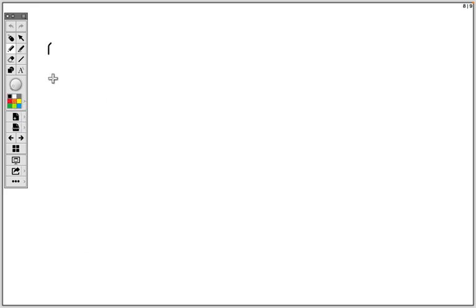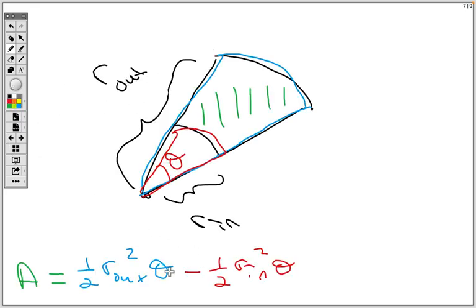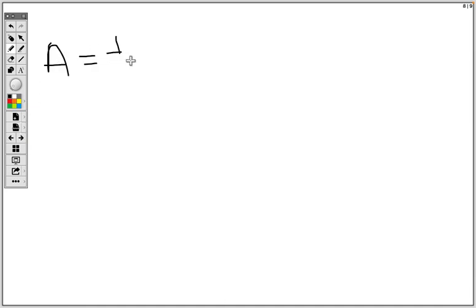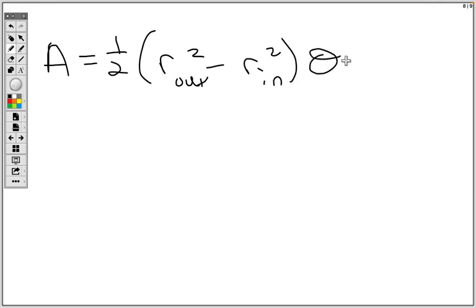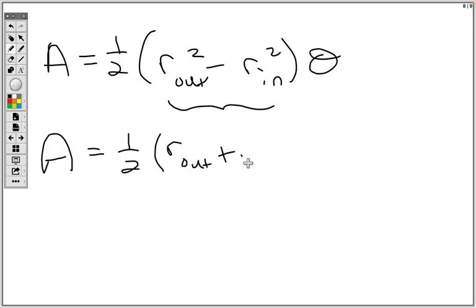So here's what we can do: I can factor out a 1/2 and I can factor out a theta. I'm going to factor out the 1/2 out front and the theta out the back. And then I'm just going to factor this difference of squares, so this would be r out plus r in times r out minus r in.